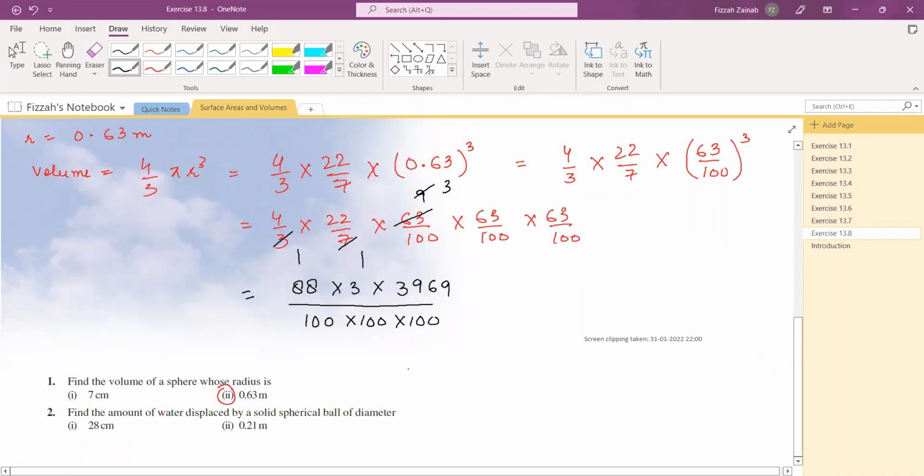Okay. We will have to multiply, no option. Now I'm multiplying 3 into 88. So 3 into 8 is how much? 24. Then 3 into 8 is 24 and 2 is 26. 264 into 3969. Now Mridula, you will do this calculation and tell me.